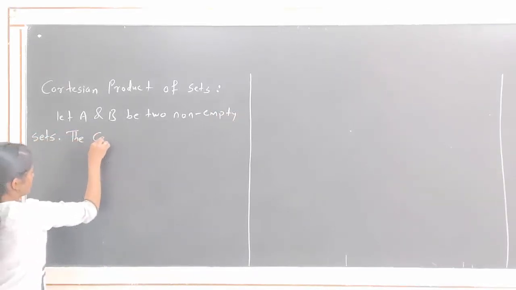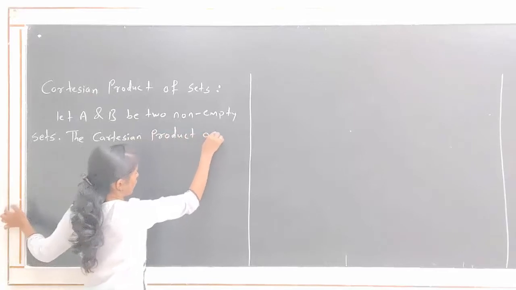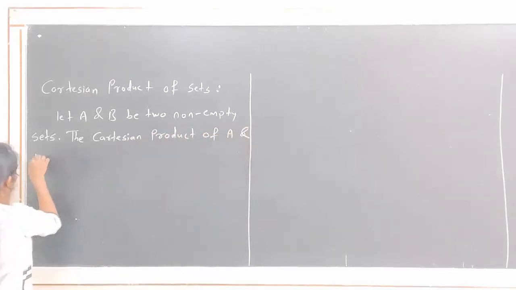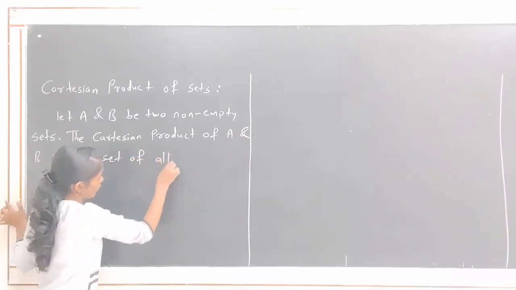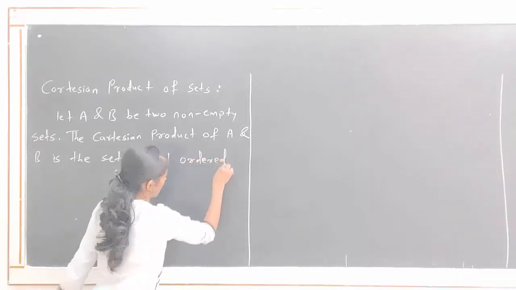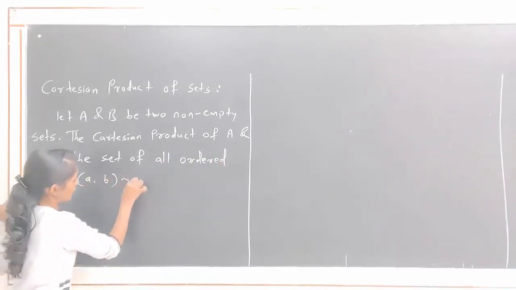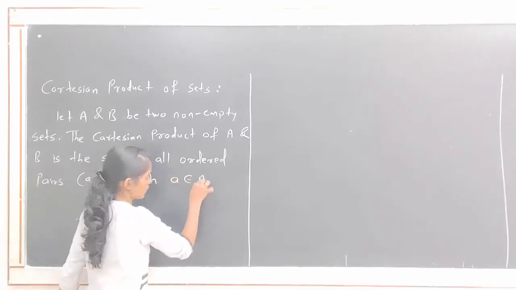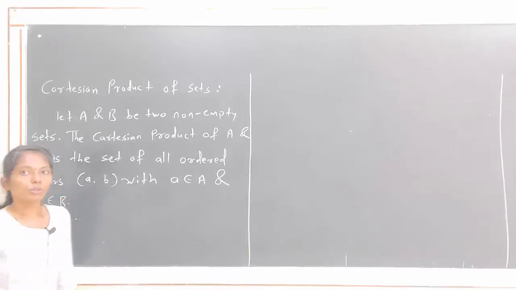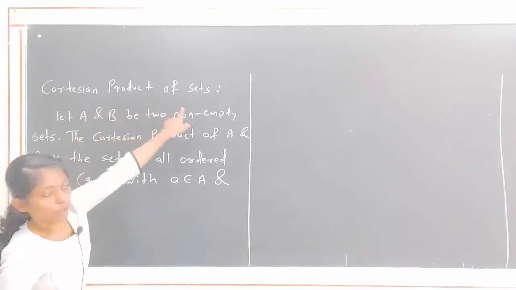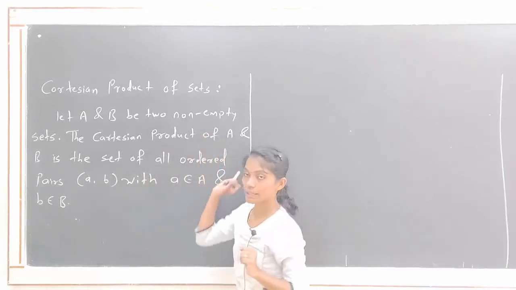The Cartesian product of A and B is the set of all ordered pairs (a, b) with a belongs to A and b belongs to B. So see here, we consider two sets, set A and set B, any two non-empty sets.